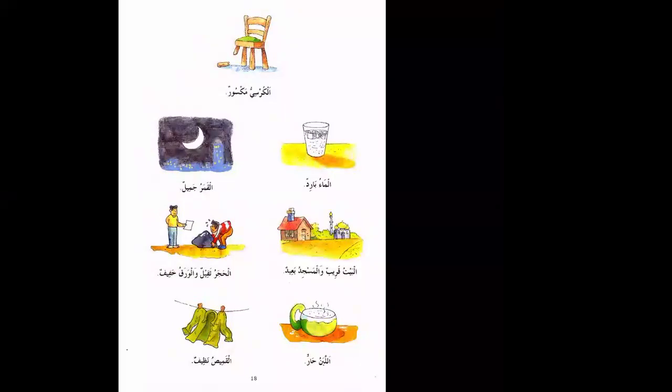Each of them, you see, we have the pictures. You remember that we went through these, that they have the pictures there to help us out in understanding. The picture of the guy carrying the stone and holding the paper, showing the stone heavy and the paper light. Al-labanu har, the milk is hot. And al-qamisu nadif, the shirt is clean.